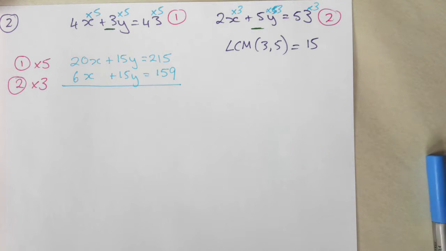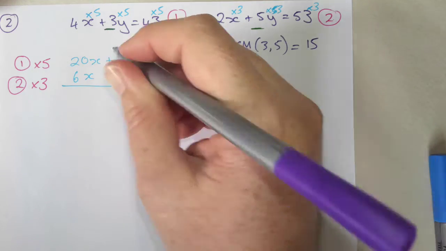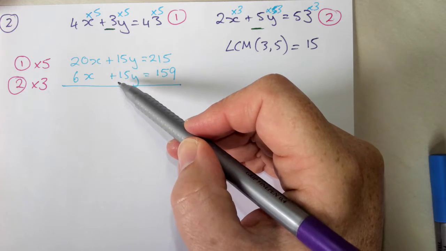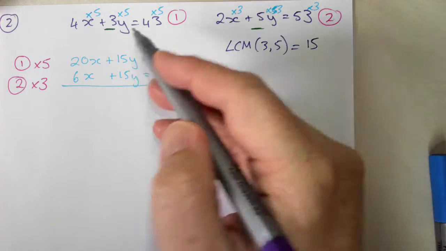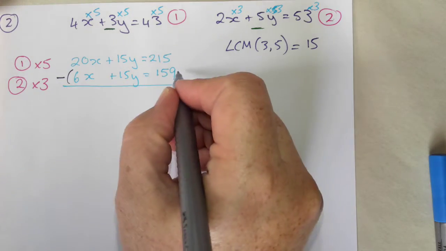Now I need to ask myself, in order to eliminate y, am I adding or subtracting these equations? It's got a 15y and a positive 15y, so 15y plus 15y would give me 30y. That wouldn't eliminate it, so I need to subtract those two equations.